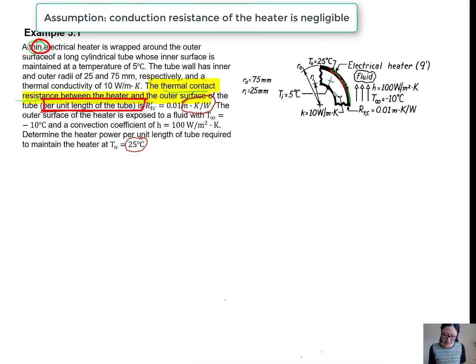Starting from Ti at this surface, first we have conduction resistance in the tube. Then between the tube and the heater, there's a contact resistance. This is a cylindrical wall, so the conduction resistance is log Ro over Ri divided by 2 pi k L. Then we have this contact resistance.